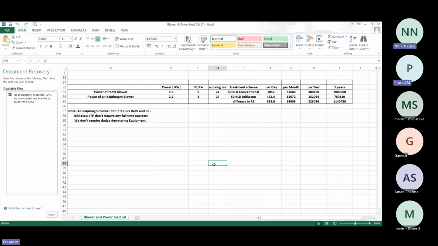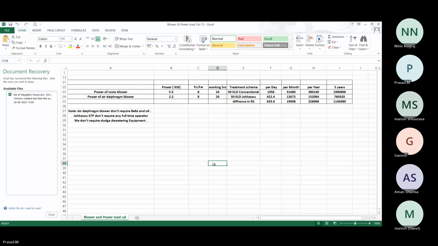And you can see the 5-year cost is 11,40,480. So this is one comparison, and in that you can add, if this plant is underground, then you will get more benefit. This 11 lakhs will increase up to 15 lakhs, 16 lakhs.